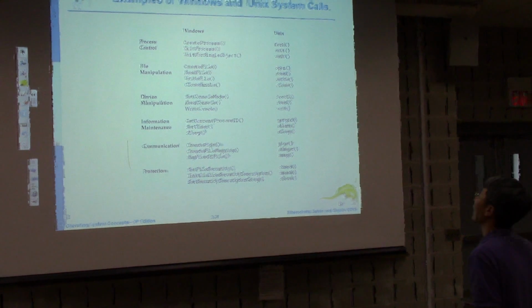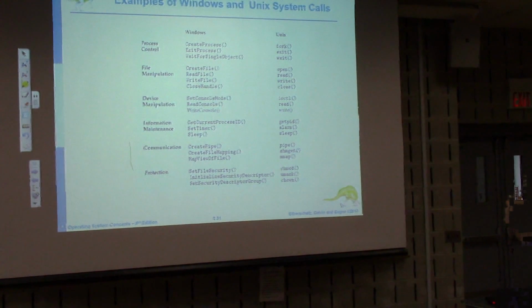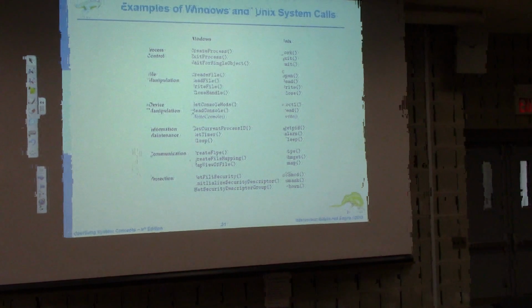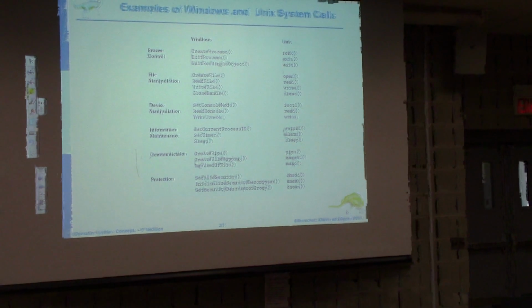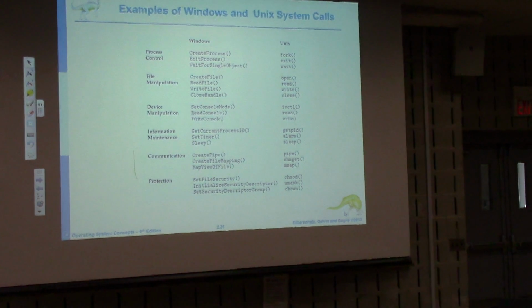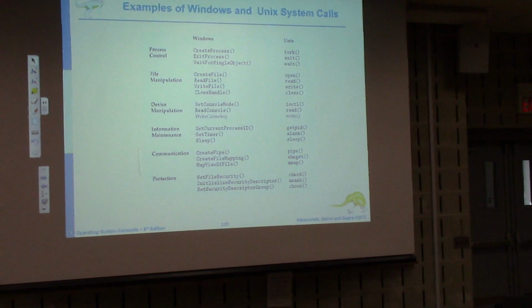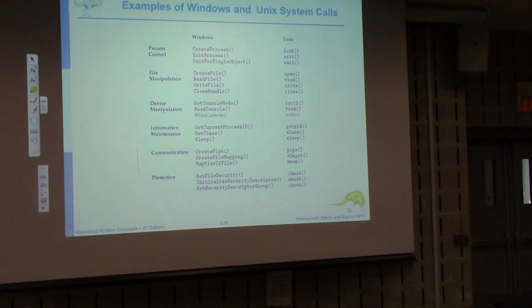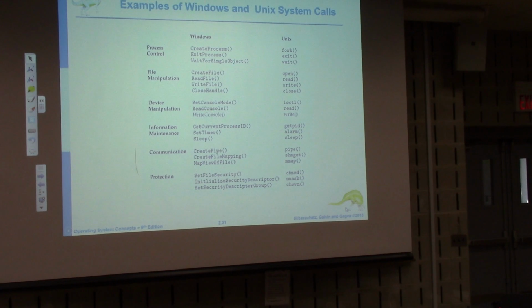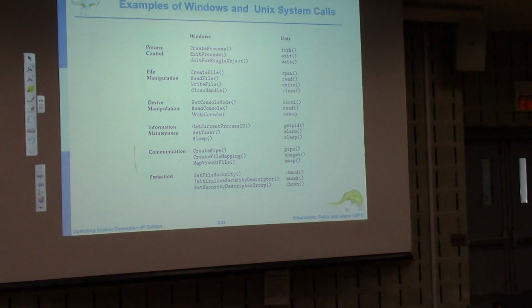Okay. For file management, you can use open, read, write, close, but each operating system family branch differs. I handed out several years ago the history of the operating systems, a kind of family tree of the operating systems, the BSD family tree and so on.